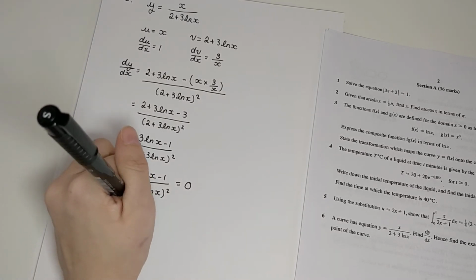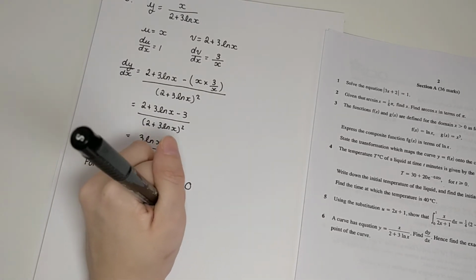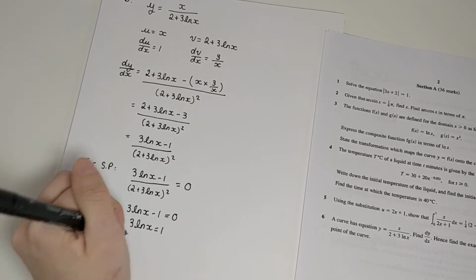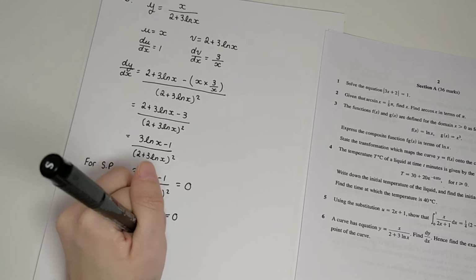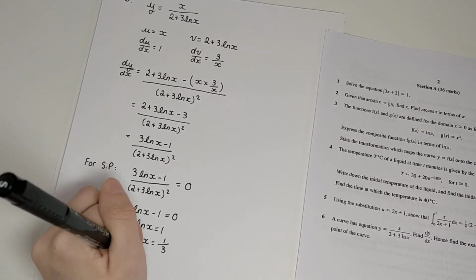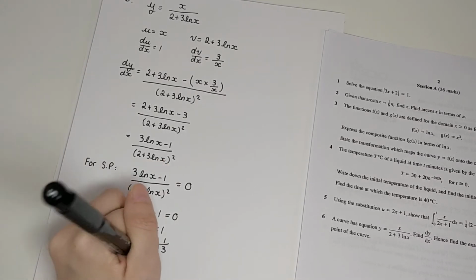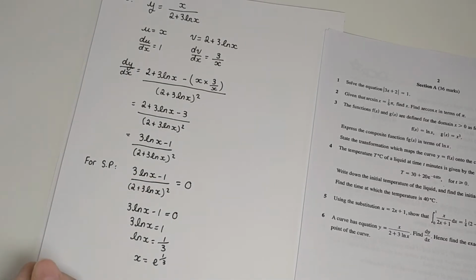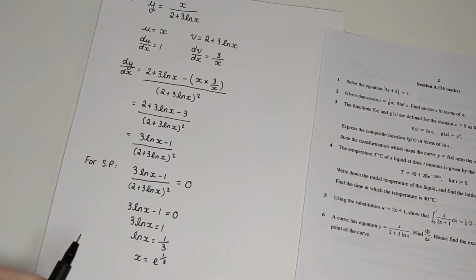So 3 log x minus 1 equals 0. So 3 log x equals 1, log x equals a third. So x equals e to the power of a third. And I will just leave it like that because it says exact coordinates. So that's my x value.